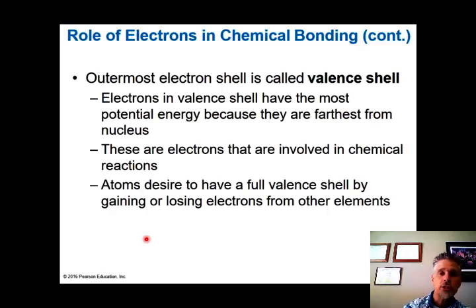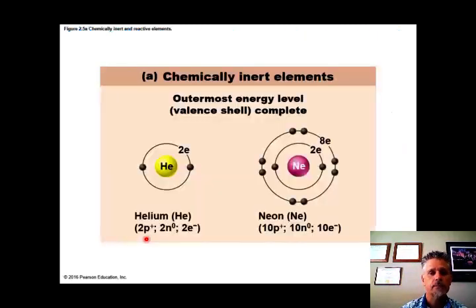But the outermost shell that we're talking about here is called the valence shell, and that's the one that can potentially interact with other atoms, to produce these chemical reactions. And again, if we look at these atoms as kind of like people, these atoms like to feel complete, and so they would like to have a complete valence shell, a complete outer shell that is totally full, right?